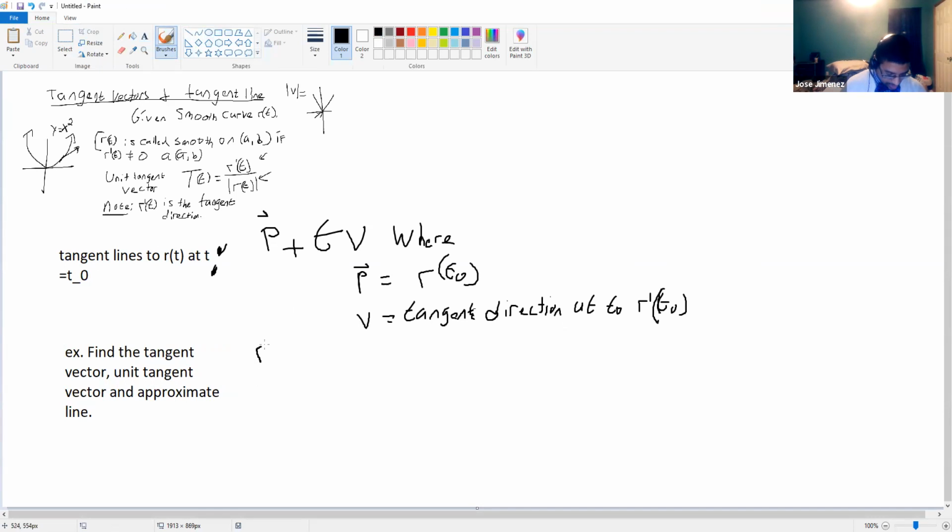r of t is equal to e to the t, comma, e to the 2t, comma, e to the 3t. And I really like e to the t. It's probably one of the greatest functions in all of mathematics, in my opinion. And we're going to say that this is at t of 0.